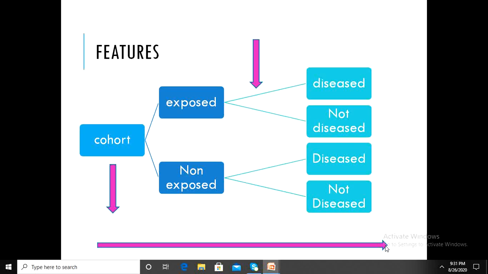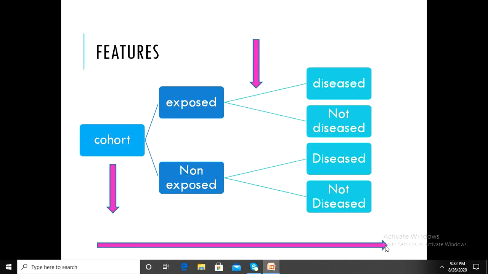For example, I will give you an example of an atomic reactor which was activated in Japan. In that area we identified a cohort which was an apparently healthy, normal population, and then divided them into two groups: those who were exposed within the 50 kilometers radius of the atomic reactor, and those who were not exposed within the 50 kilometers of atomic radiation exposure.